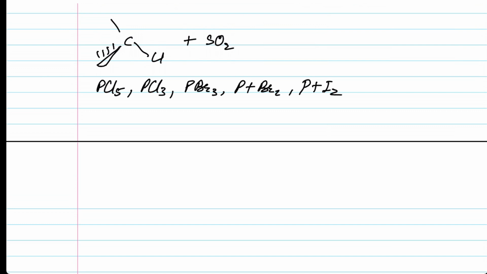Now, quite obviously, PCl5 and PCl3 would be giving alkyl chloride. PBr3 or P plus Br2 would be giving alkyl bromide, while P plus I2 would be giving the iodoalkanes. So that's what we are going to get as the products. So these are the reactions which we can use to convert alcohols into alkyl halides.